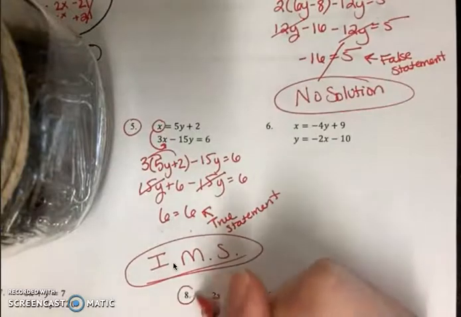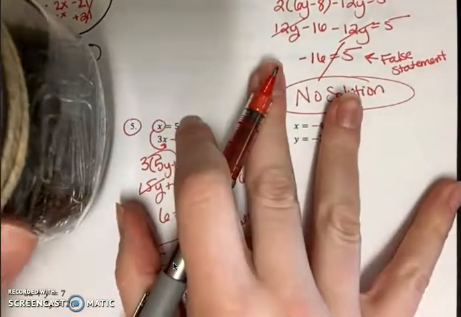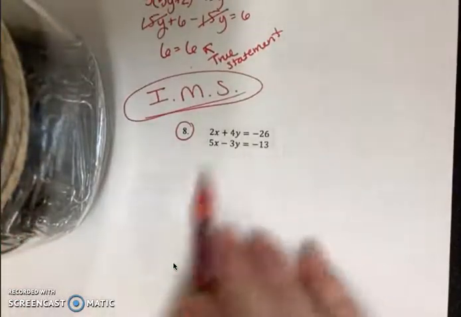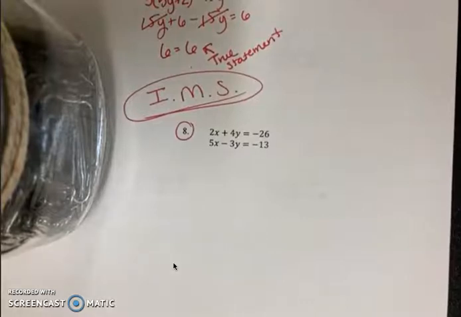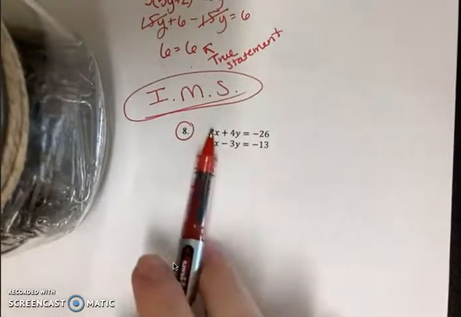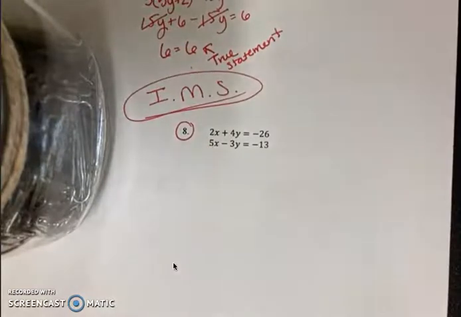Let's take a look at number 8. For number 8, we have two different equations. Now this time a variable isn't already by itself. We don't have y equals this, x equals that. So it's not easy for us just to plug one equation into the other. Really, you could pick either one to simplify.